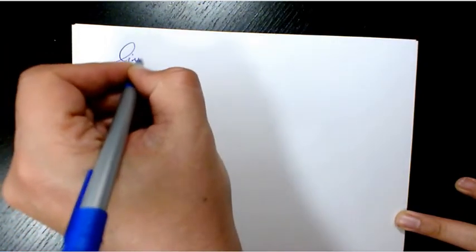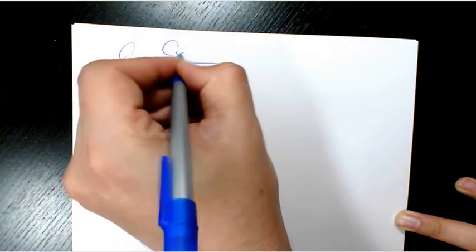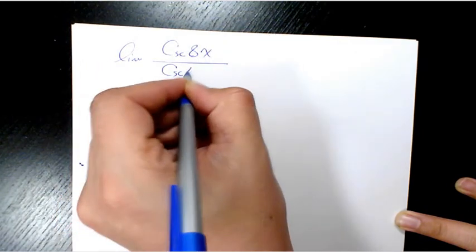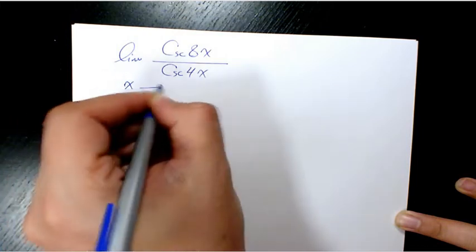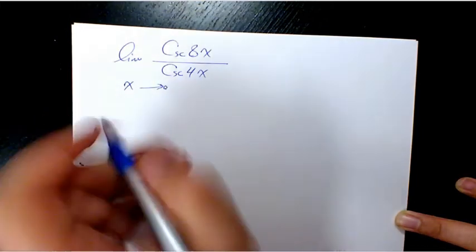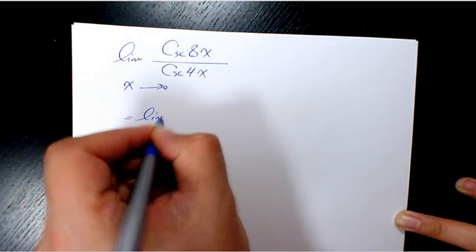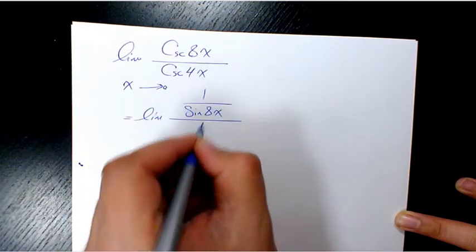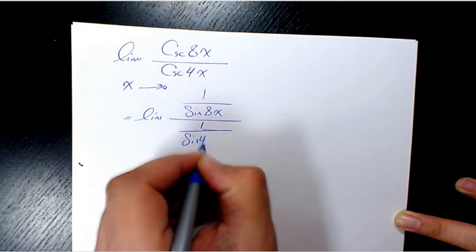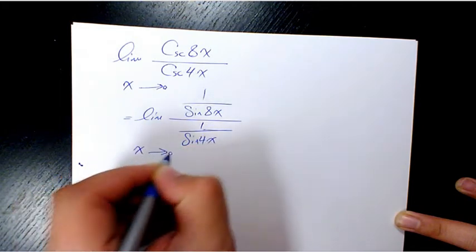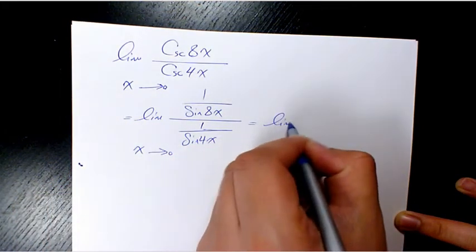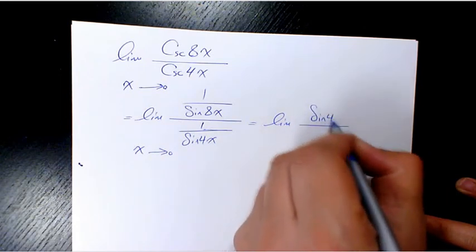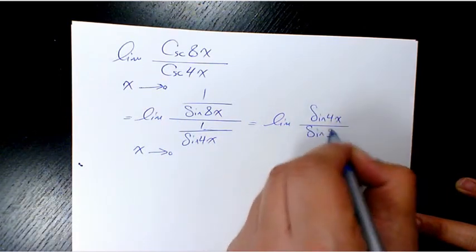Next one is going to be limit of cosecant 8x over cosecant 4x when x is approaching 0. That's going to be the limit of 1 over sine 8x over 1 over sine 4x when x is approaching 0, which is going to be the limit of sine 4x over sine 8x.